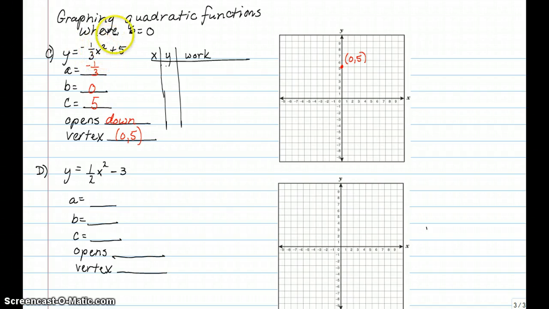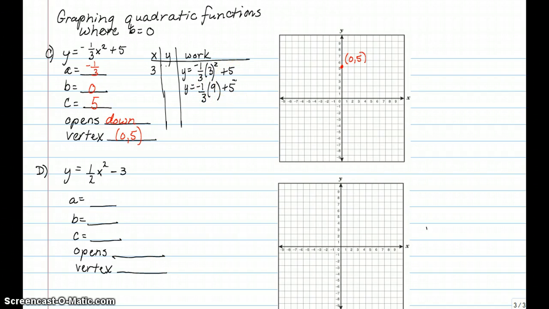But if we go 3 squared, so we'll choose 3, it's y equals negative 1/3 times 3 squared plus 5. 3 squared is 9, so it's y equals negative 1/3 times 9 plus 5.